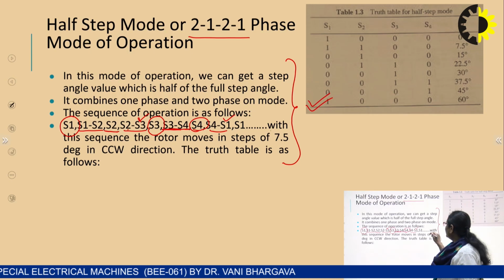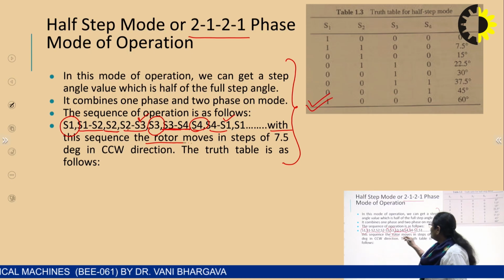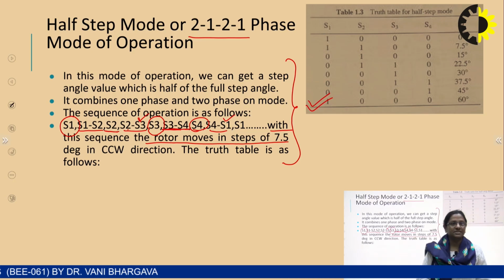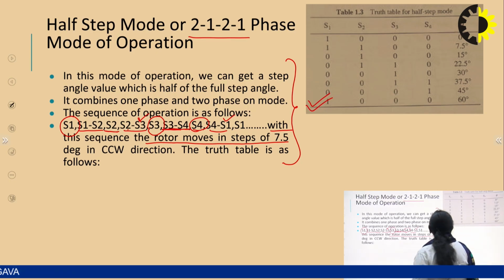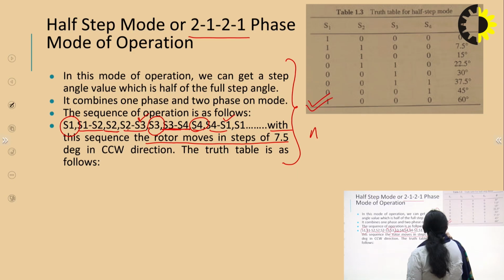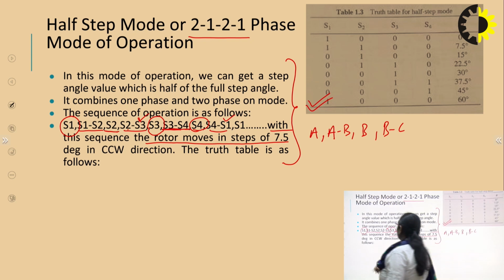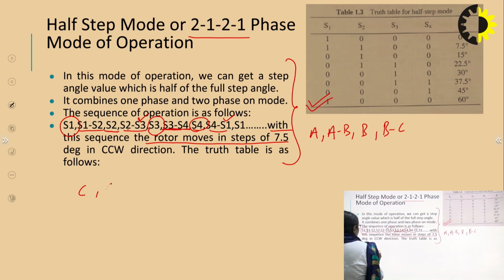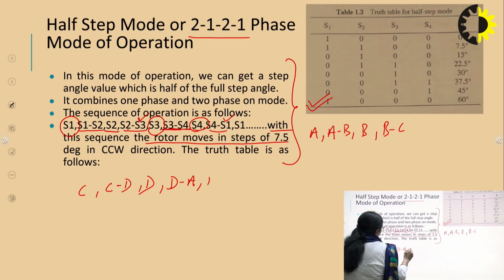Now with this sequence, what happens is the movement of the rotor takes place in steps of 7.5°, right? So what are the phases which are energized? First phase A, then A along with B, then B alone, then B along with C, then C alone, after that C along with D, then D alone, after that D along with A, then A alone, and so on.